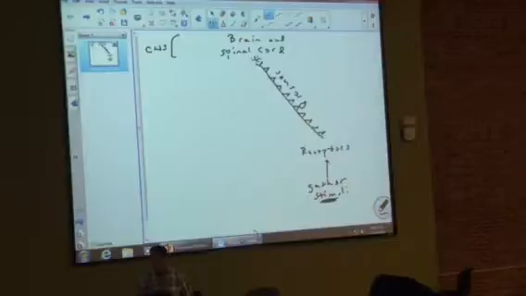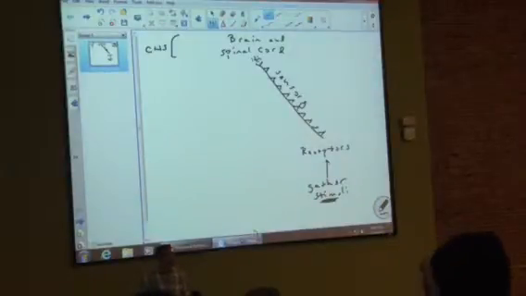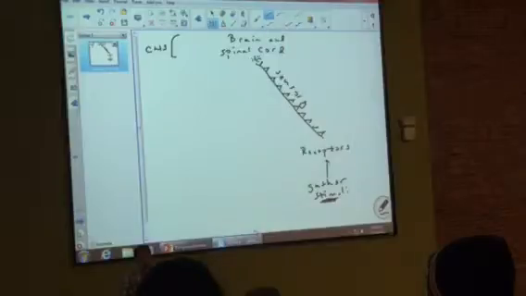Action potentials are what? Information. That's the information. That's how it's getting there. We're going to cause the release of some neurotransmitter, and now the central nervous system is going to be aware of whatever that stimulus is. All right? So far, so good.